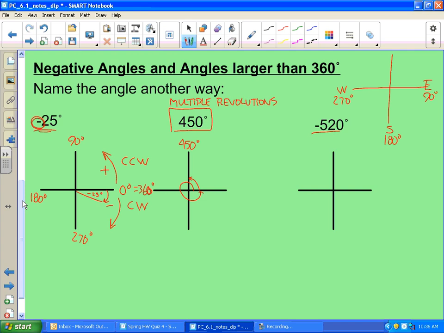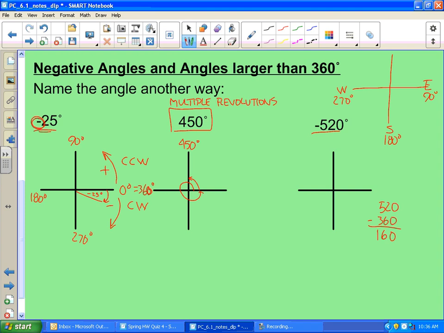How much more are we going? We can figure that out. I'm going around 180, 160 more. Going around 160 more, but I'm doing that in the clockwise direction, not the counterclockwise direction.